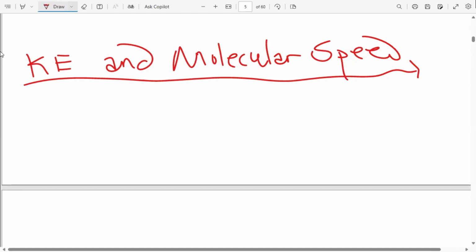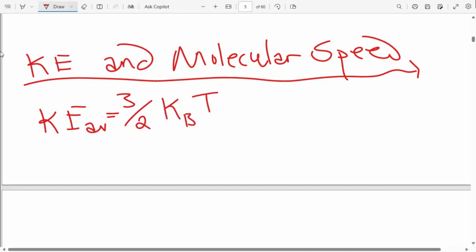So if we want to calculate the average kinetic energy of a single gas molecule, we are going to use this particular formula. KE average of a gas molecule will be equal to 3 over 2 k_B T, like this. This is the formula that you are going to use to find the average kinetic energy of a single gas molecule.